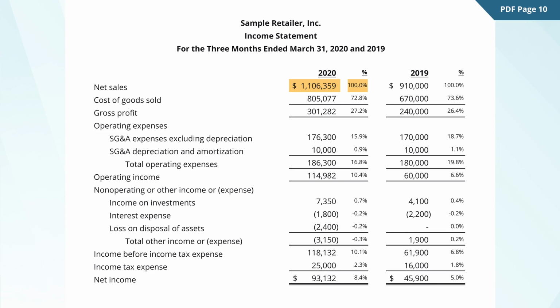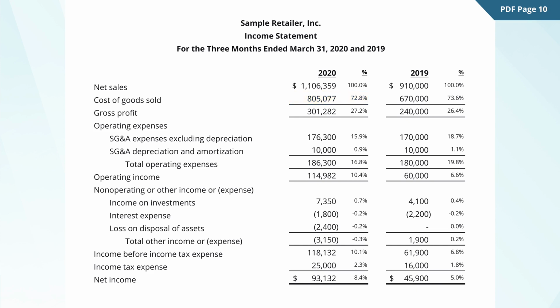So it's 100%. Now when we go to the second line, where it's the cost of goods sold, we had $805,000 from our earlier statement, and if we divide $805,077 by the amount of net sales, that top line, it's 72.8%.